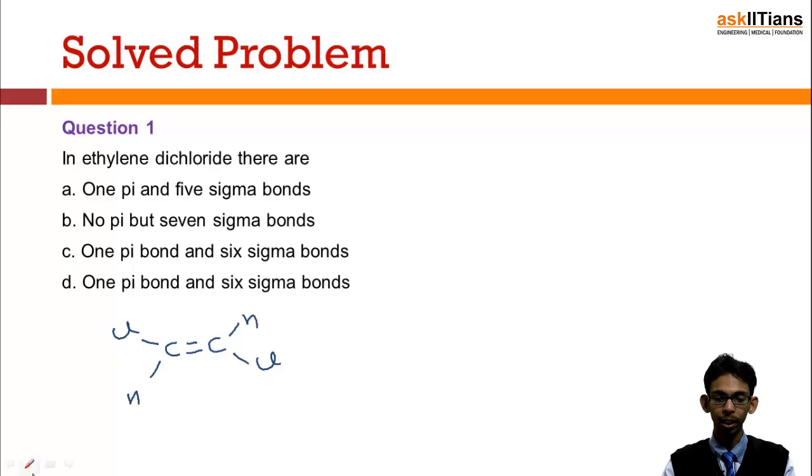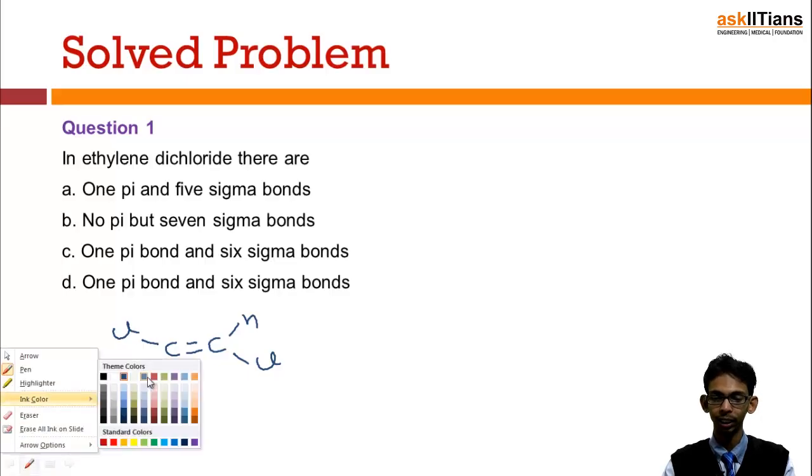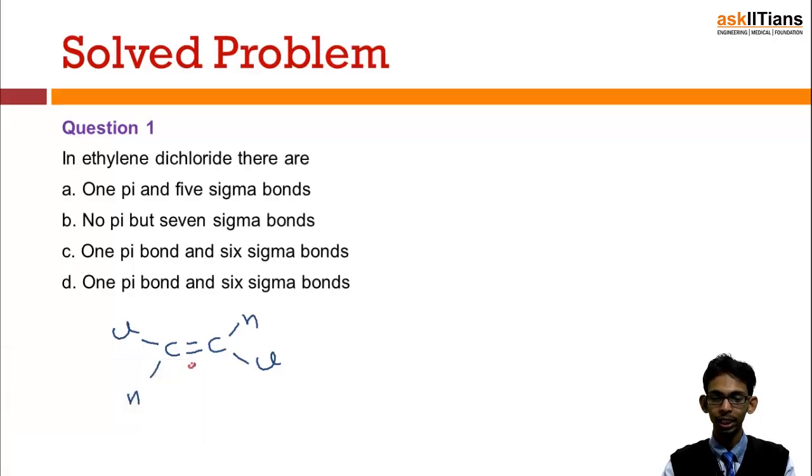Now what we can see from this structure is 1 sigma bond, another sigma, this is also sigma, this is also sigma, and there is 1 pi bond. So there is 1 pi bond and a total of 5 sigma bonds. So 1 pi and 5 sigma. Yes, so A is the correct option here.